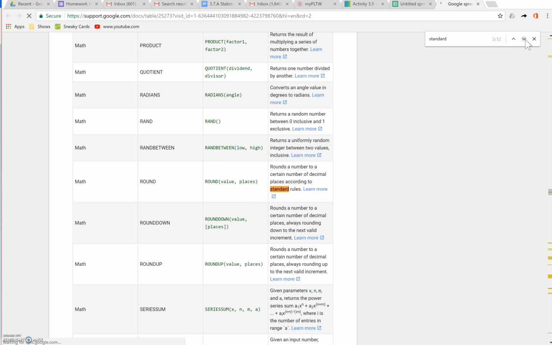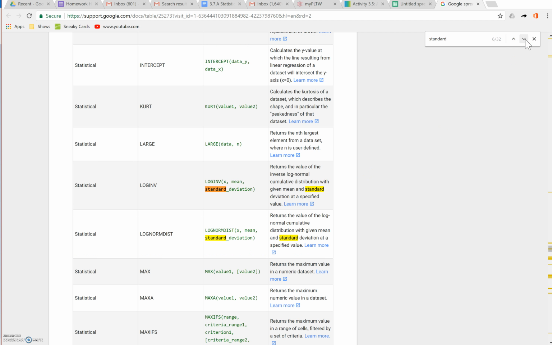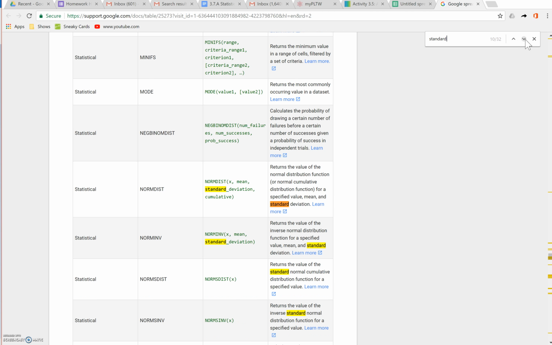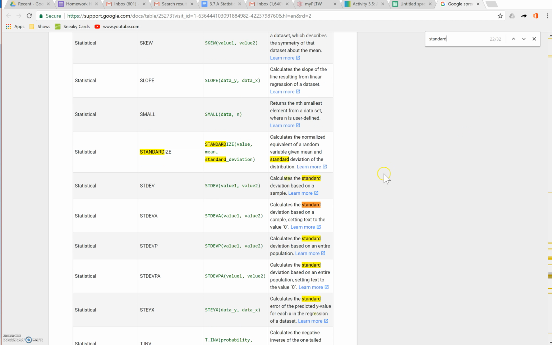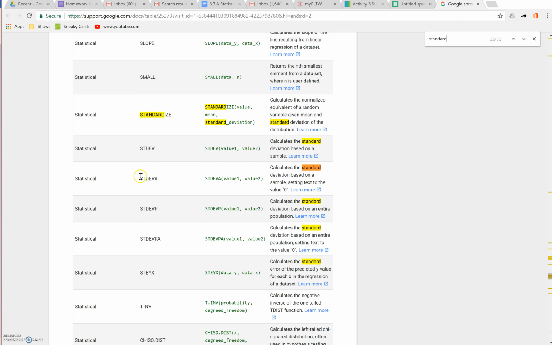Oh, wow. There we go. Okay. So STDEV.S is for sample, STDEV.P is for population. Entire population versus sample.